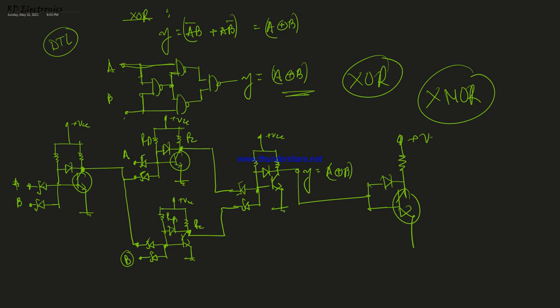So the output equals A XOR B, because if we invert the operation of XOR, then we get the XOR output, or vice versa. So this is the XOR gate designed using DTL technology.